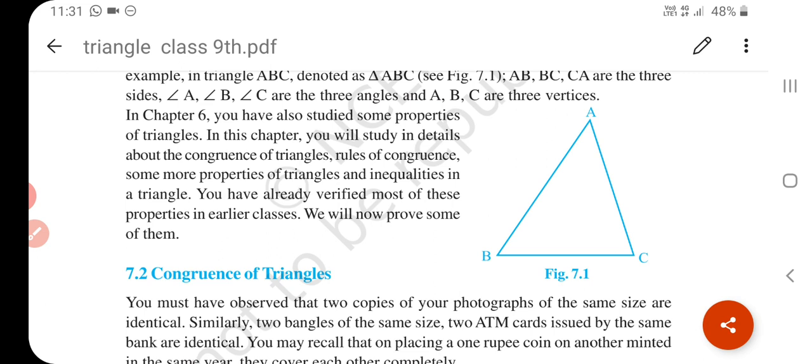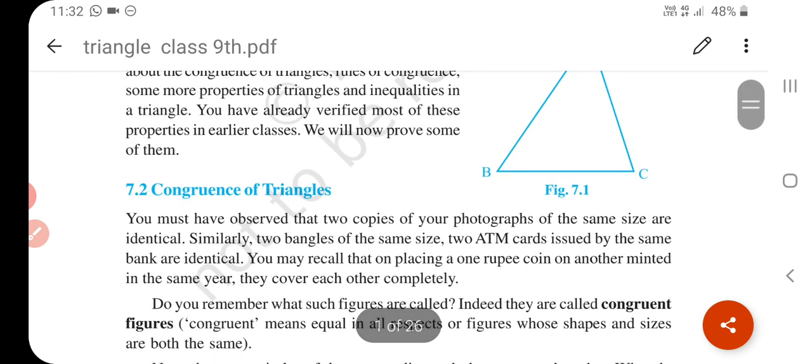The angles A, B and C are called its interior angles, or simply angles. The points A, B and C are called its vertices. The three sides and three angles are called its six elements. What are the elements of a triangle? Three sides and three angles are called its elements.